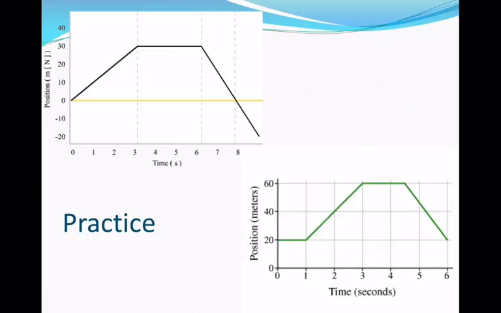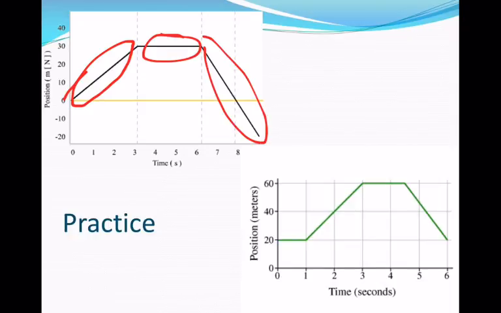In the first graph, the motion changes 3 times. You can see that because of the slope. Here's one slope, second slope, third slope. In the beginning, this person's moving forward. For 3 seconds, they head out to the 30-meter mark, and then they stop. They sit there, doing nothing for 3 more seconds until they get to 6.